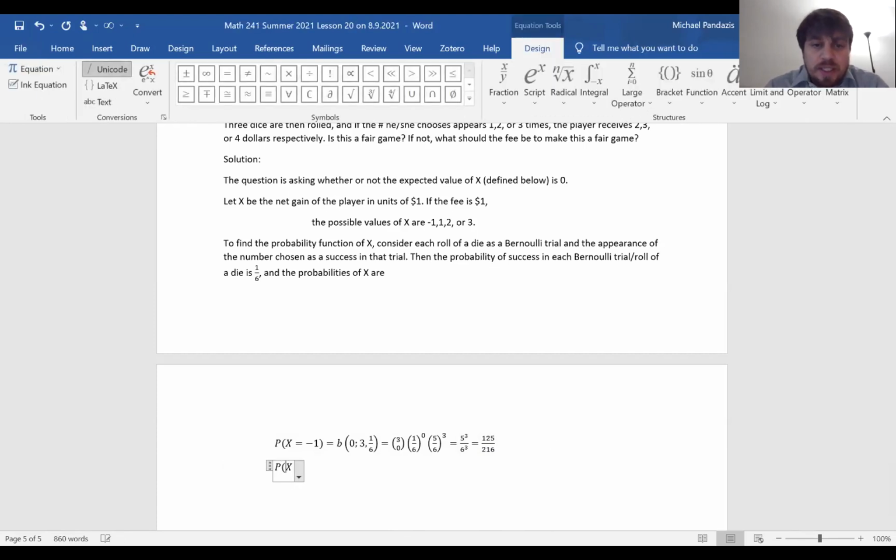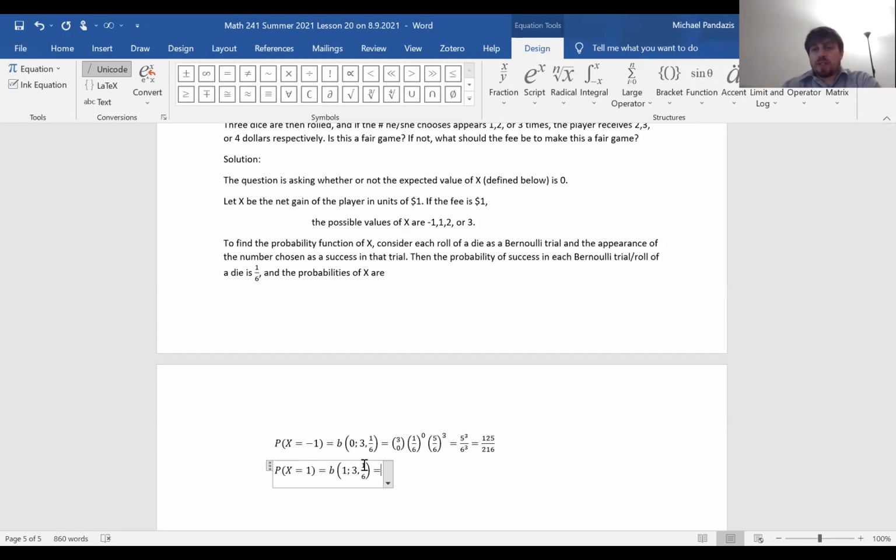The other possible value of X is 1. So the probability that X equals 1 is equal to b(1; 3, 1/6). So now you have 3 Bernoulli trials and you have 1 success in 3 Bernoulli trials where the probability of success is 1/6, right?